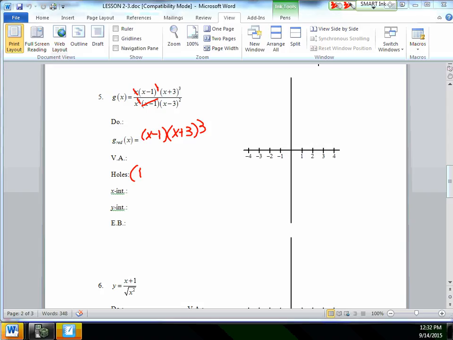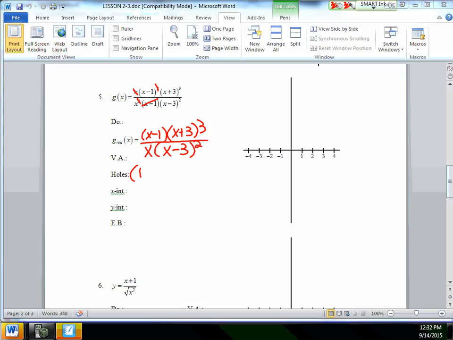Okay, so we're back at writing the reduced form with what's left of our function over x minus 3 squared.